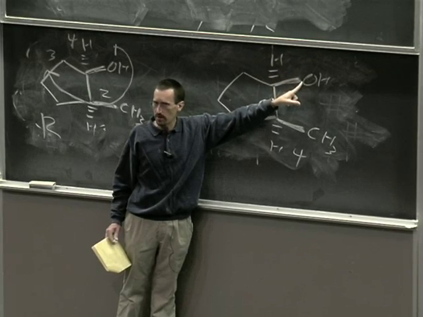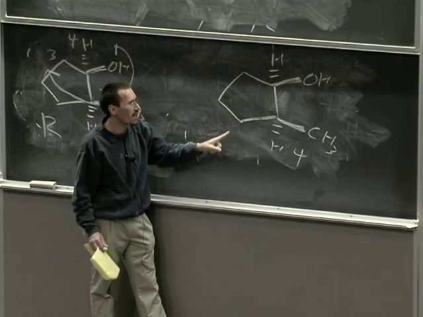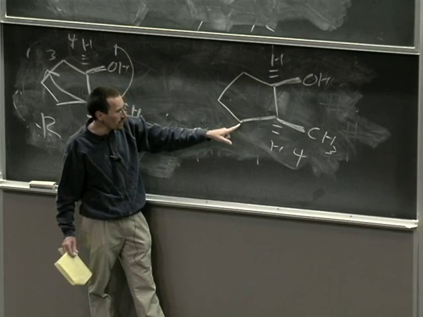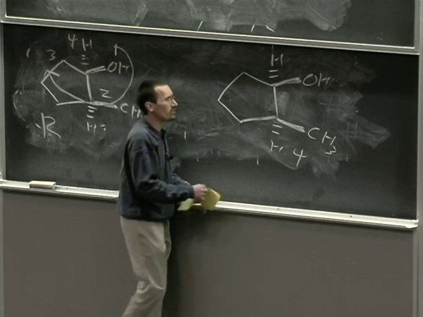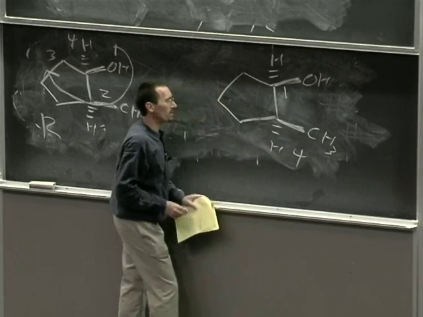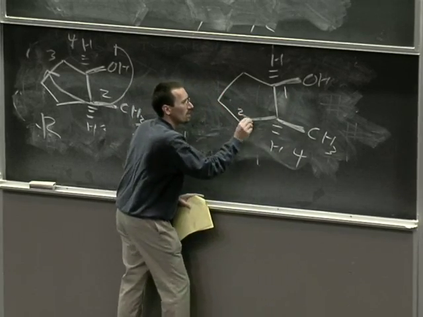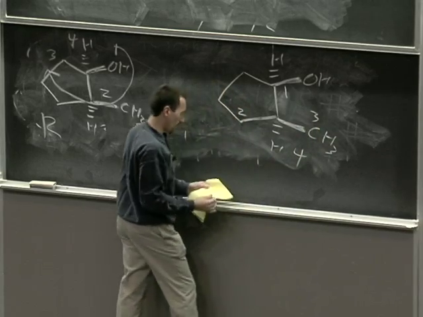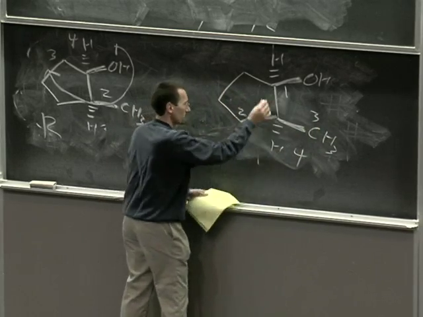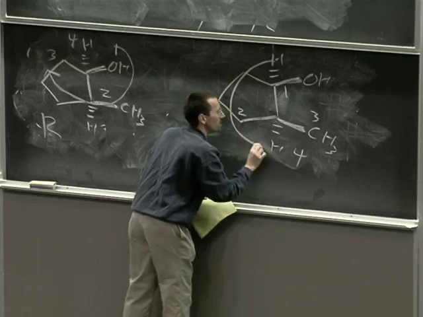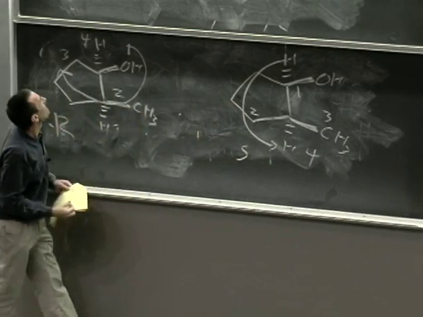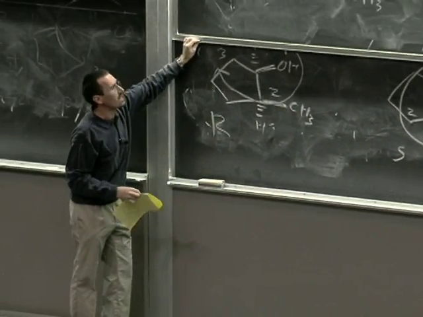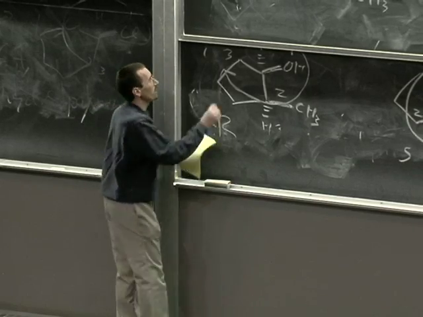Oxygen is higher priority than anything else in the molecule. This one here has a carbon and 2 hydrogens. So this substituent becomes priority 1, priority 2, priority 3, and so this stereochemistry is S.